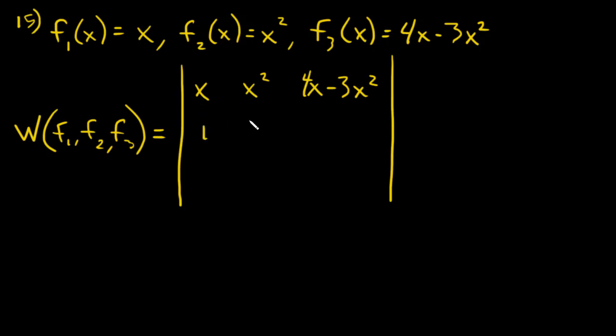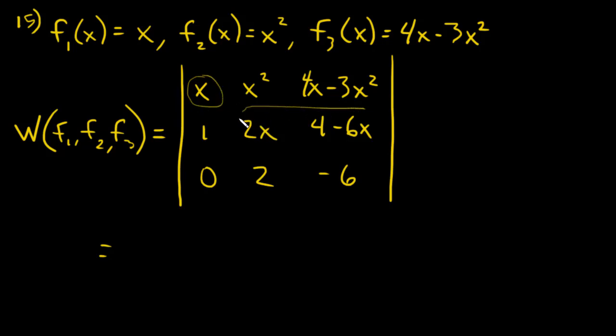So 1, 2x, 4 minus 6x, and then 0, 2, negative 6. Okay? So now we're going to take the determinant of this. So let's see, we're going to have x. It may have been a while since you've done the determinant of a 3 by 3.